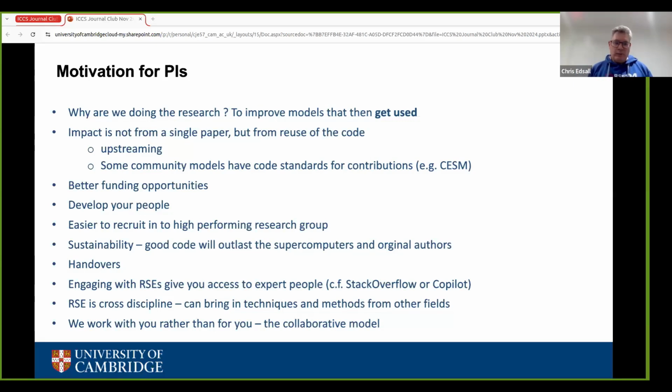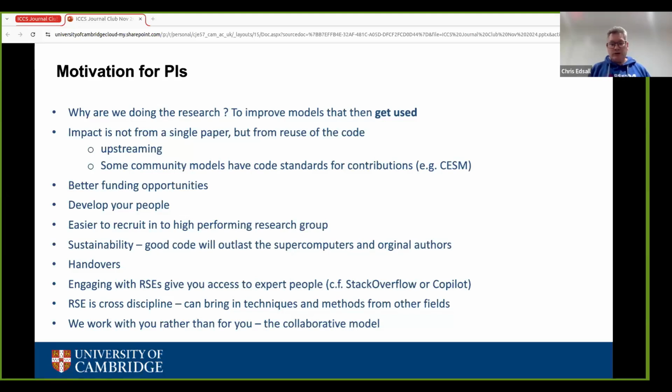Having good research software engineering practices means at the end of a project, when a project wraps up, you have a high quality handover. So you don't just get a pile of spaghetti code you don't know how to do anything with. You have an artifact that is useful to you in the future.